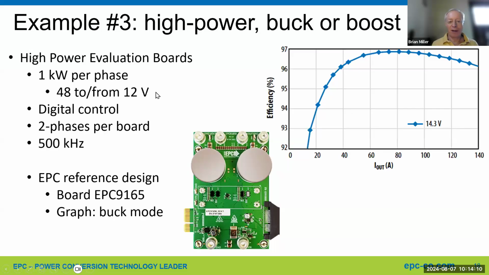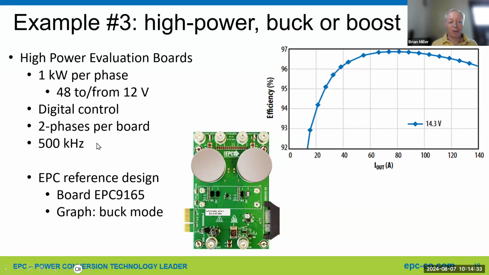So you can run it as a buck, or you can run it as a boost. Not a 4 FET buck boost, but either boost or a buck. Has a digital controller. There's 2 phases per board. You can link the boards to multiple phases. So I think with boost, you can go up to 6 kilowatts by linking boards. With buck, I think up to 4 kilowatts by linking boards.